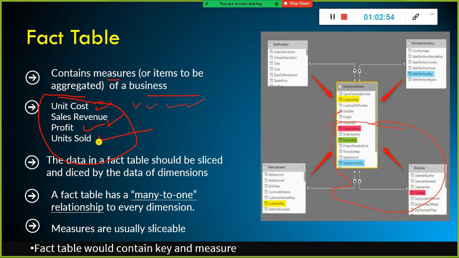The data in a fact table should be sliced and diced by the data dimensions. Since you have defined the dimensions around the fact table, and created the relationship between the fact table and the dimension table, you should be able to slice and dice the data from your fact table. What do you mean by slicing and dicing?